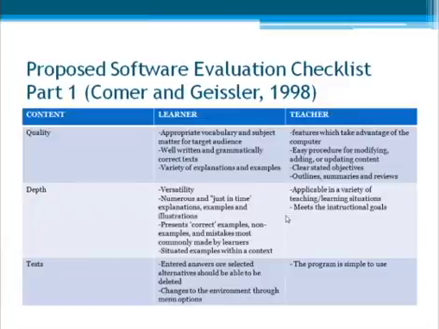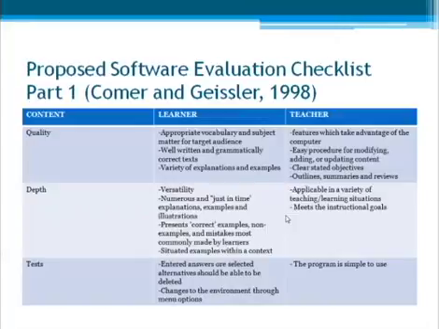Proposed Software Evaluation Checklist Part 1 by Comer and Gessler, 1998. In terms of the criteria content, Comer and Gessler proposed the subtopics quality, depth, and tests. An example of the quality features include A. Appropriate vocabulary and subject matter for target audience.